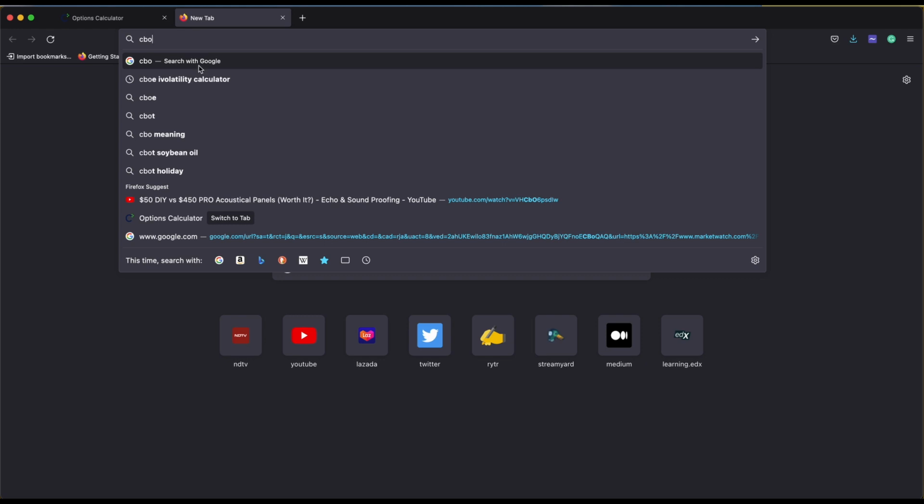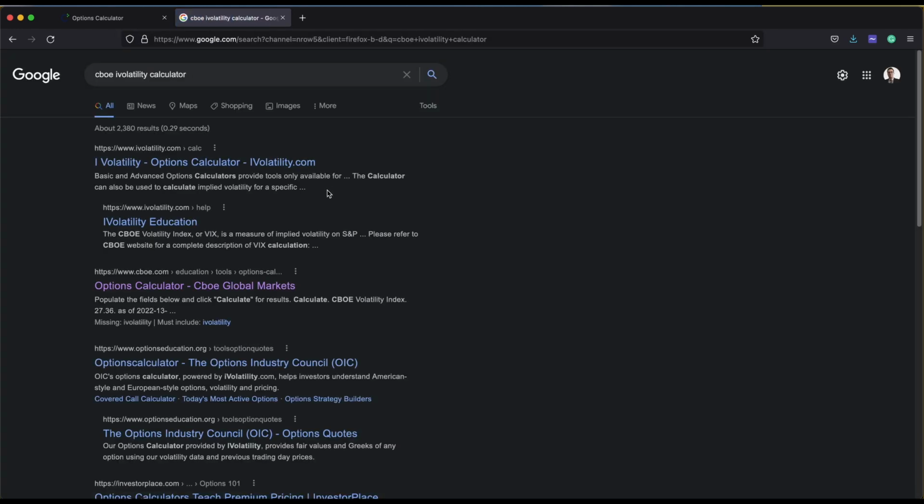And you'll get this option of iVolatility options calculator.